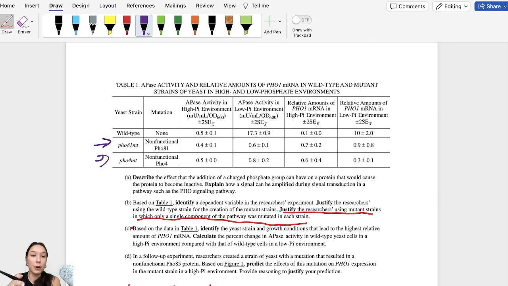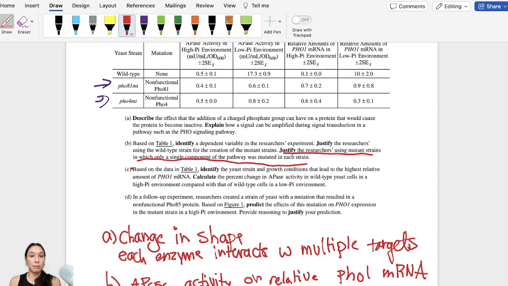Because you can make a FO81 and FO4 mutant, you know, both of them being mutated within the same yeast cell, but why do we not want to do that? Instead, we've opted to do the mutations separately. So the reason that we are not doing them combined and we're doing them separately is so that we can see the effect of each individual mutation, right?